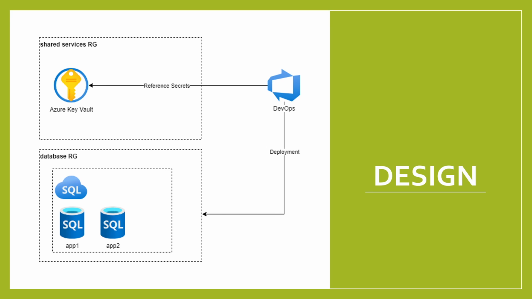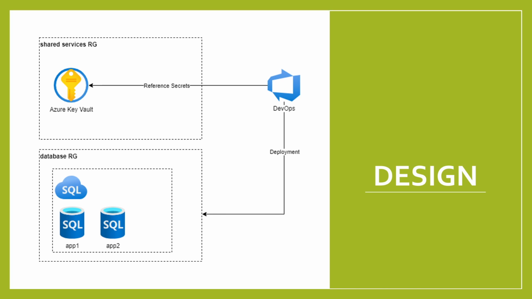But from a DevOps perspective, we need to reference Azure Key Vault for the admin username and password, for those secrets. Our Bicep does need to create the two databases, App1 and App2, which is going to be part of that Bicep infrastructure as code, and also define the SQL Server.